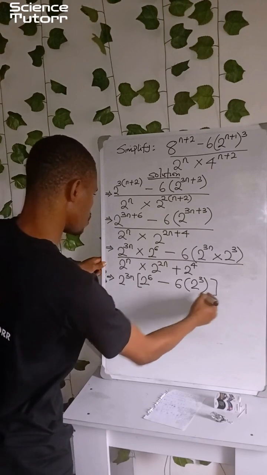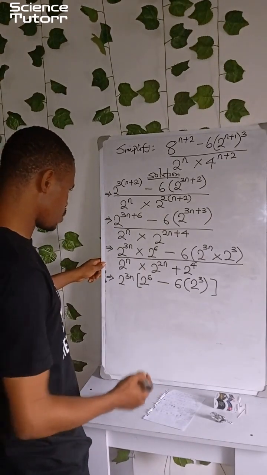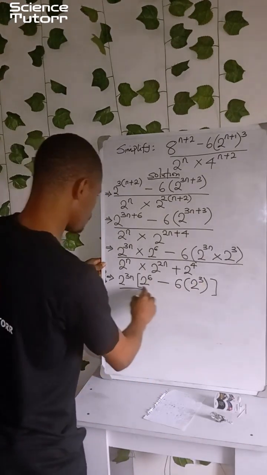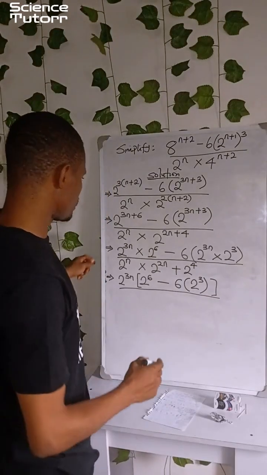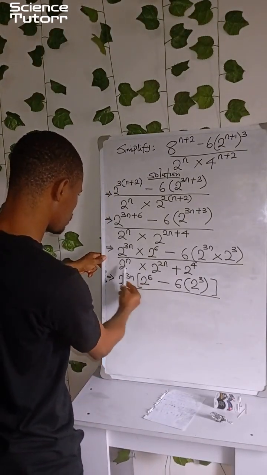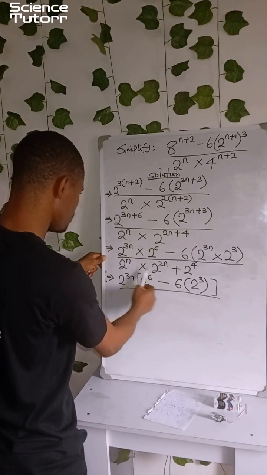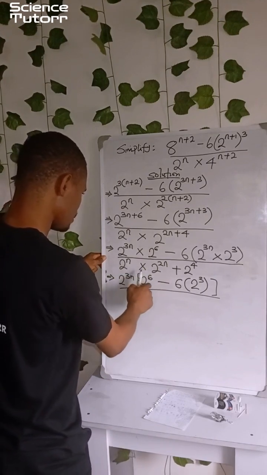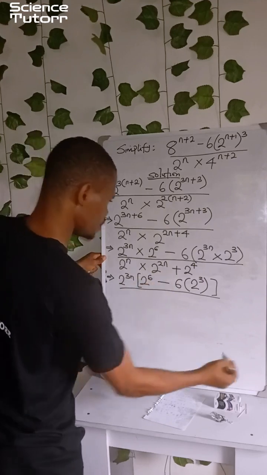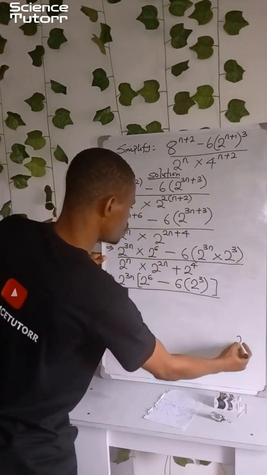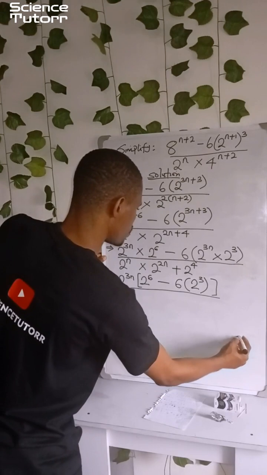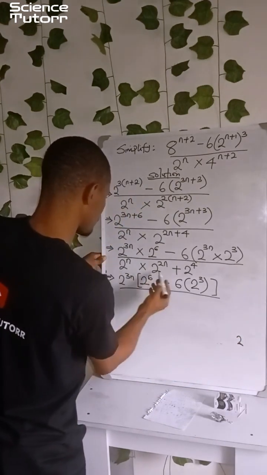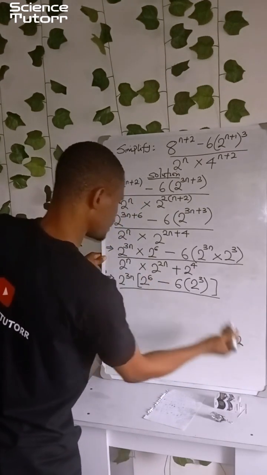Let me enclose the bracket. Now, divided by, I can see something here. The bases are the same. 2 raised to power n times 2 raised to power 2n is just like saying 2 raised to power, I pick the base, since the bases are the same, and then I add the power.